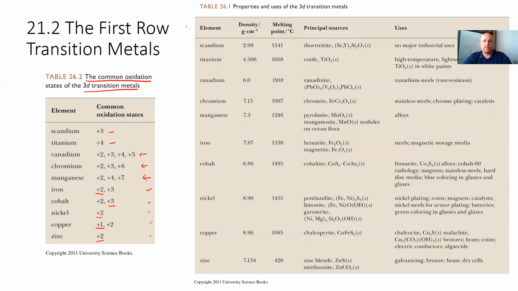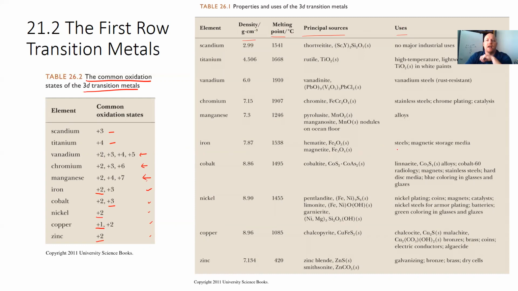Okay. Now, if we think about some properties of the transition metals, there's a bit of trivia in this, but there are some interesting bits of data here. Things like melting points, densities, where you'd find it, uses. A lot of these things I'm just not going to dive into too much.